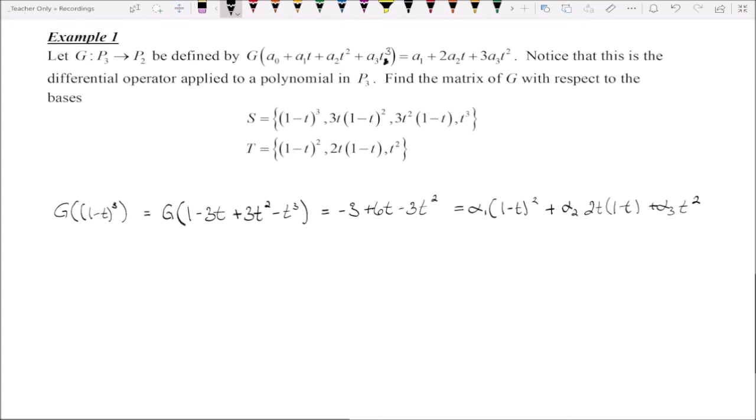And let's go ahead and expand all those out. So alpha 1 times 1 minus 2t plus t squared, plus alpha 2 times 2t minus 2t squared, plus alpha 3 times t squared.